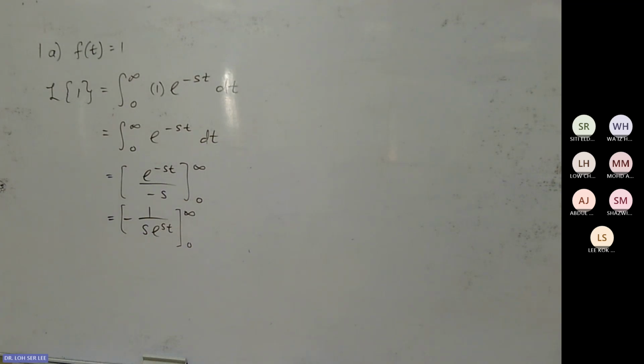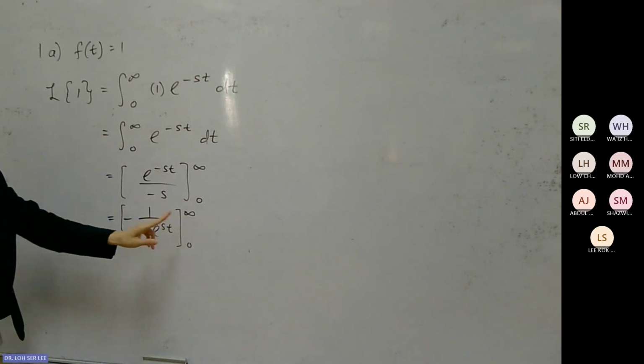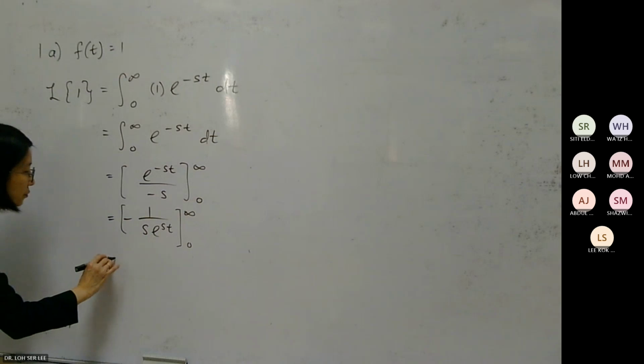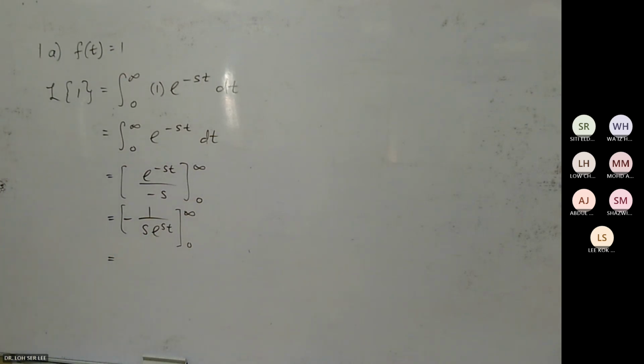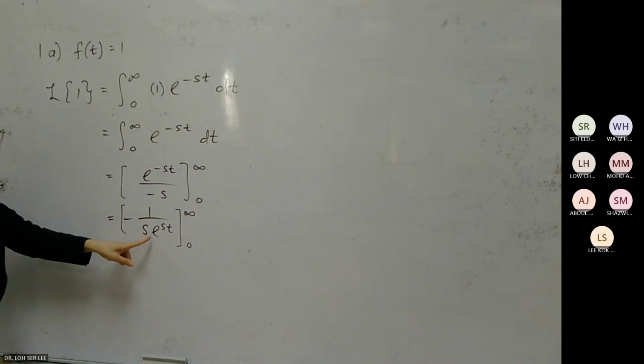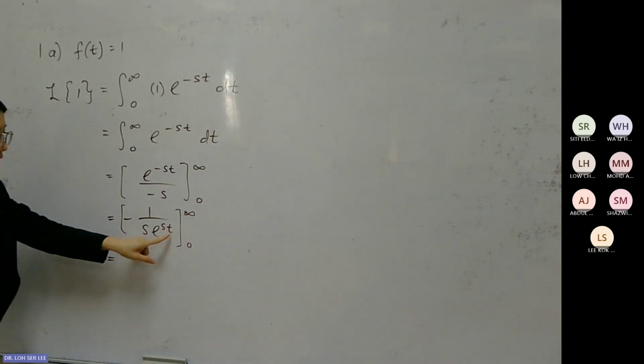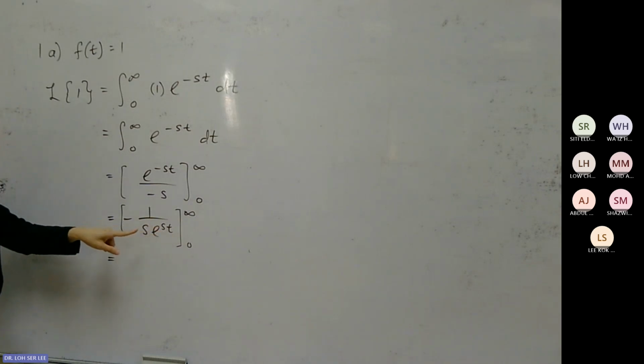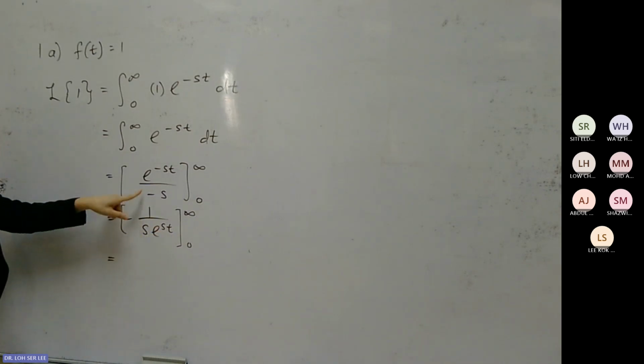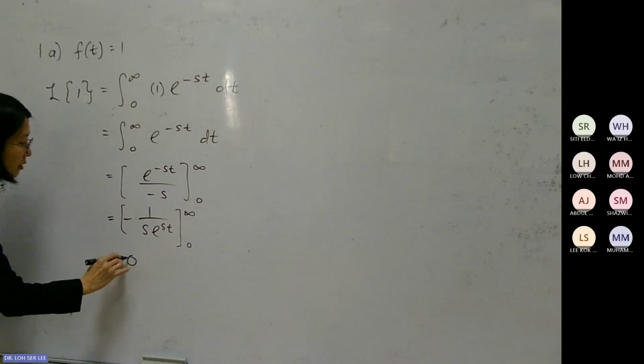Now we substitute the infinity into t. So what do you get? E to the negative s infinity: e to the infinity is infinity, infinity times s is still infinity, and 1 over infinity is 0.